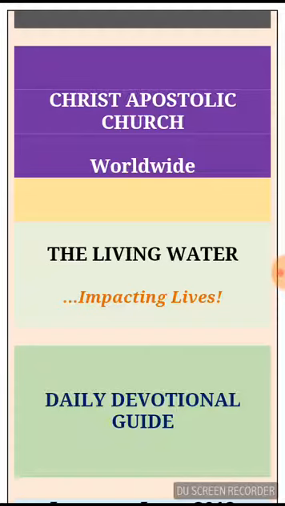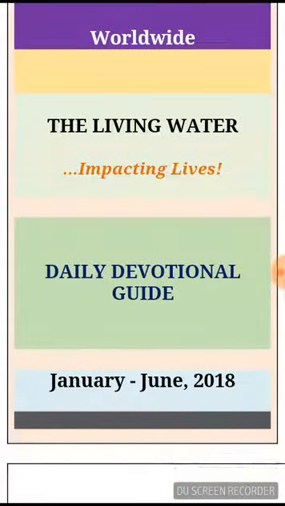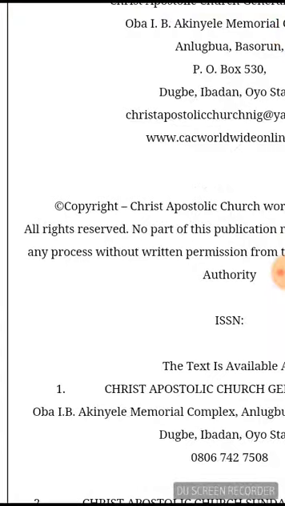And do you know the indispensability and sweetness of this is that you'd be able to track down any text, any Bible verse, any topic, even dates of any lesson that is being given.